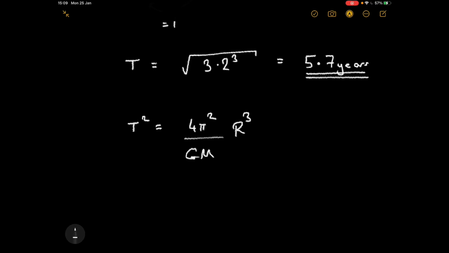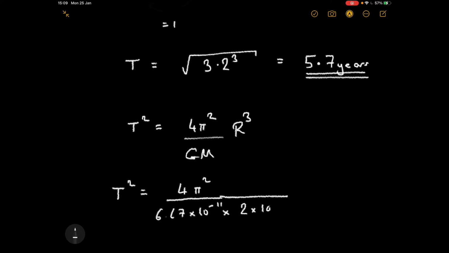So T squared is equal to 4 pi squared over G, which is 6.67 times 10 to the minus 11, times the mass of the Sun, which you would be given, 2 times 10 to the 30. We're after the radius, but we need this in meters. 1 AU, which would be given to you in the data book, is 1.5 times 10 to the 11. So we've got 3.2 times 1.5 times 10 to the 11, and that radius is cubed.